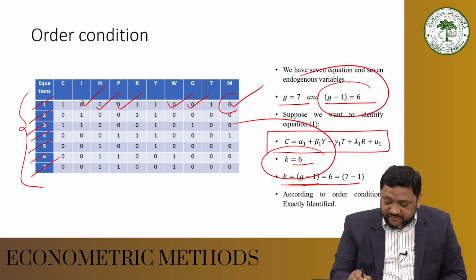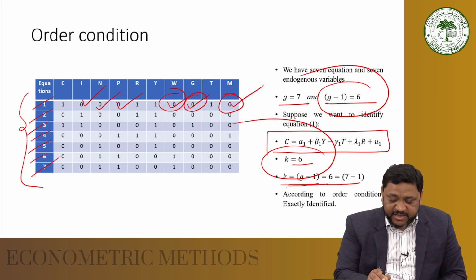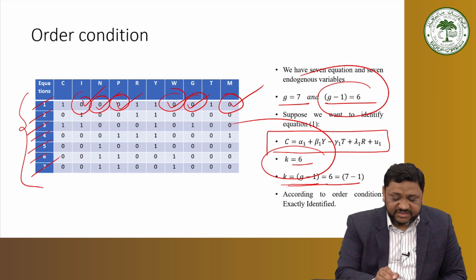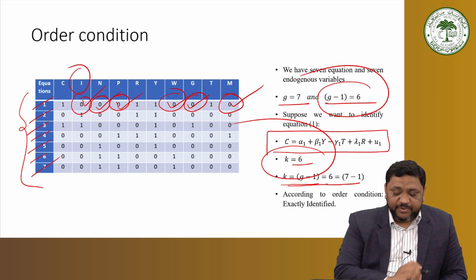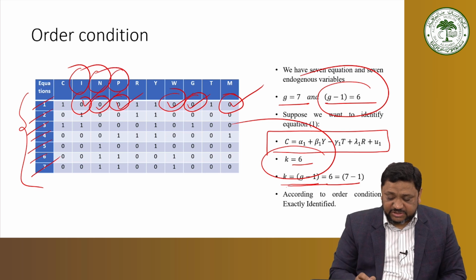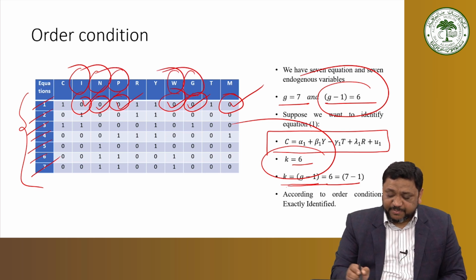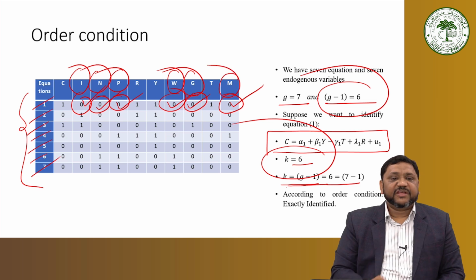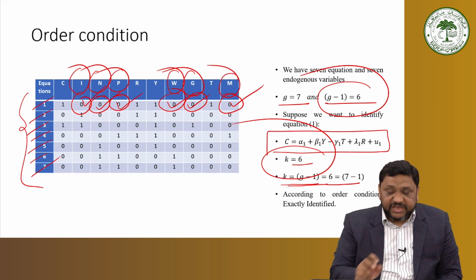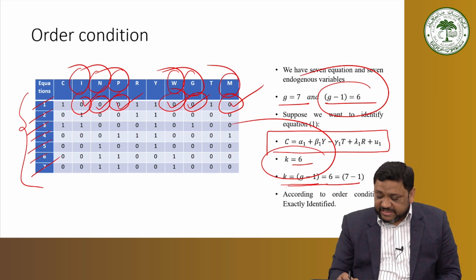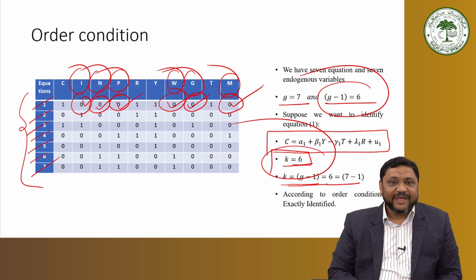First K, second K, third K, fourth K, fifth K and sixth K. That is, the I variable is not present, N variable is not present, P variable is not present, W variable is not present, G variable is not present and M variable is not present. Since these variables are not present, this defines my K.